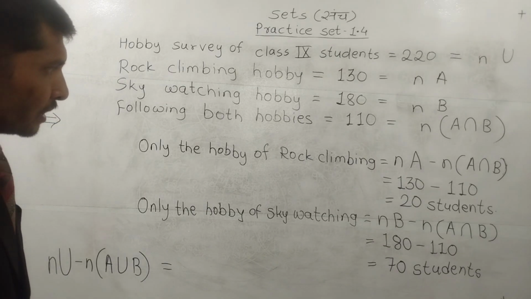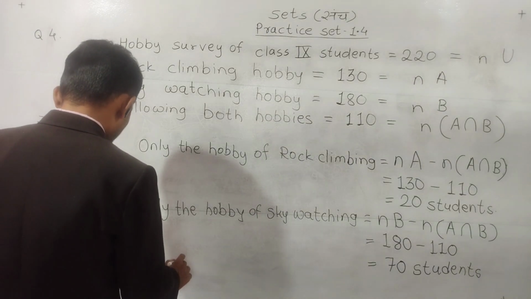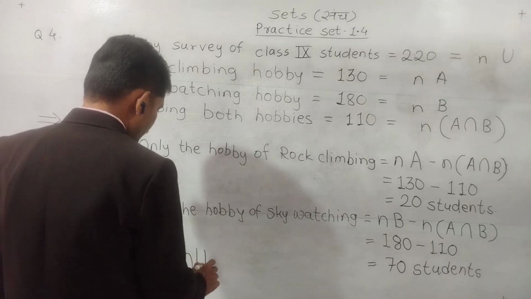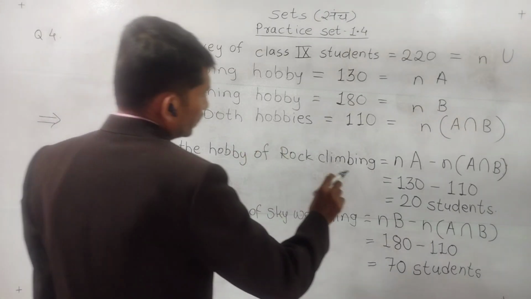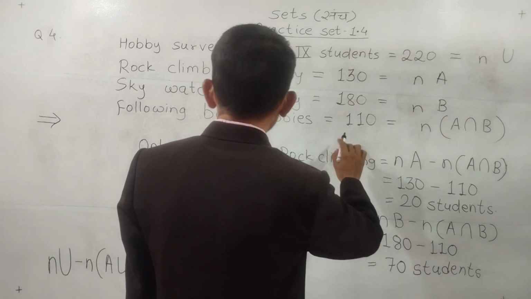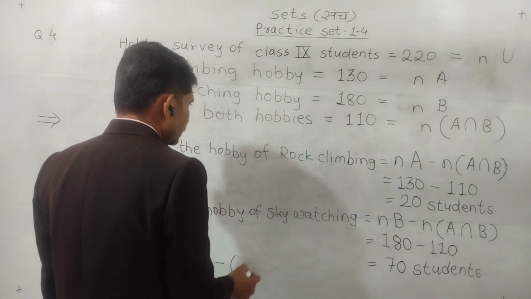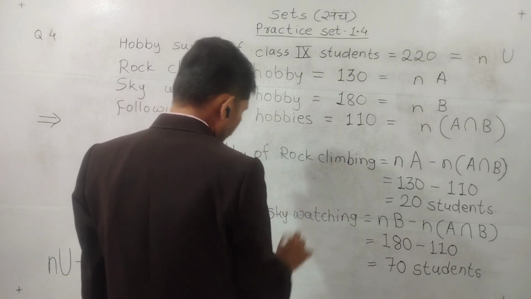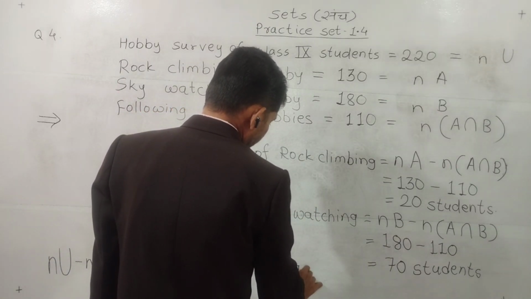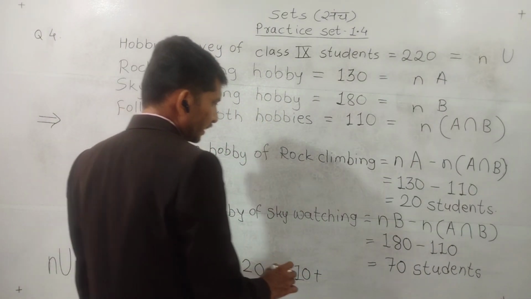Okay, so in set A, how many students are there? Now see, number of elements in universal set, minus. Now we have to take the number of elements just like this. The students who are having only the rock climbing hobby is 20, plus the students following both hobbies is 110, and the students who are following the hobby of sky watching, that is 70.